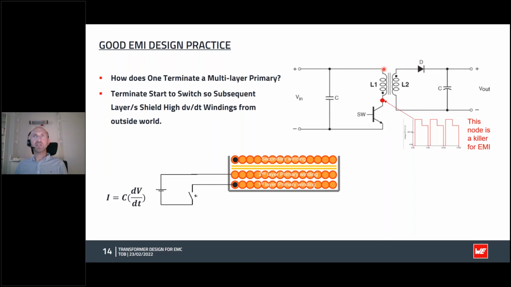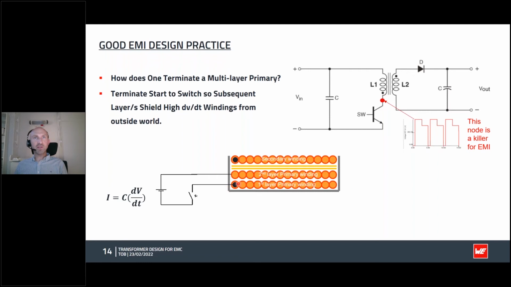So this would be this node on the circuit up here. So it really makes sense to start, if we're doing a winding like this, our primary as the very first winding. So the first wind here, this noisy node on this part of the transformer.